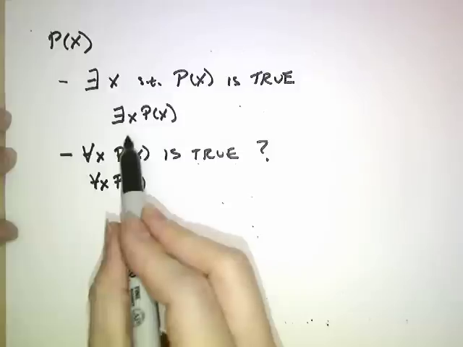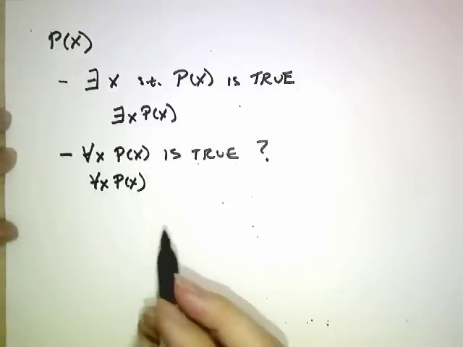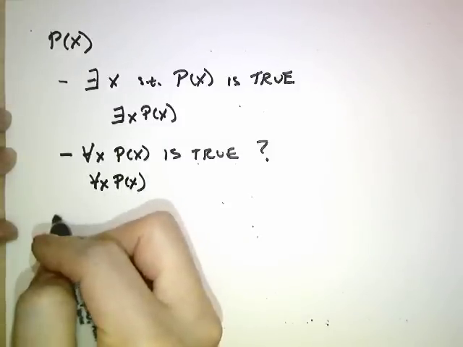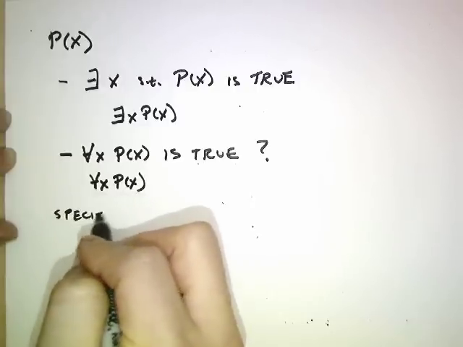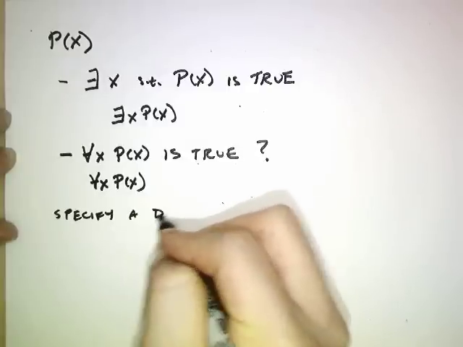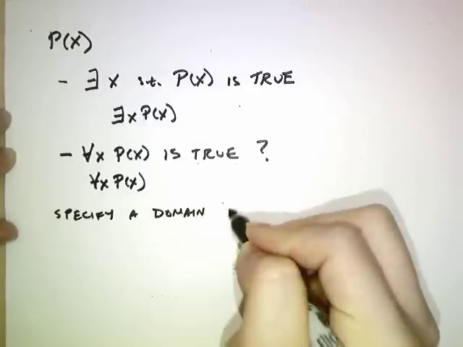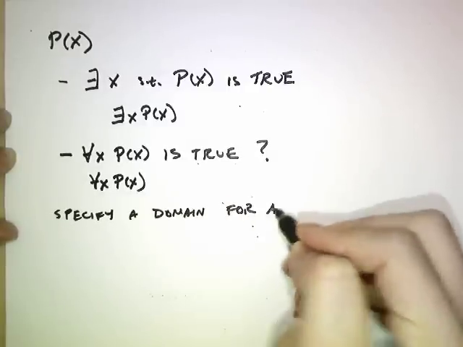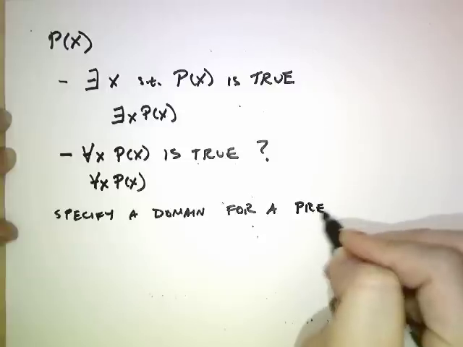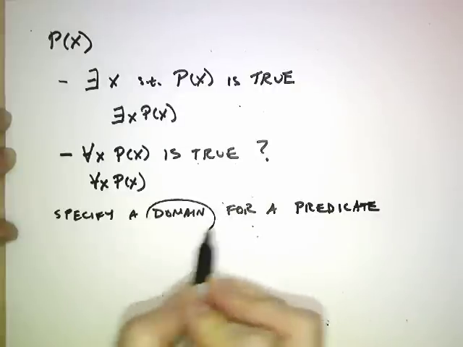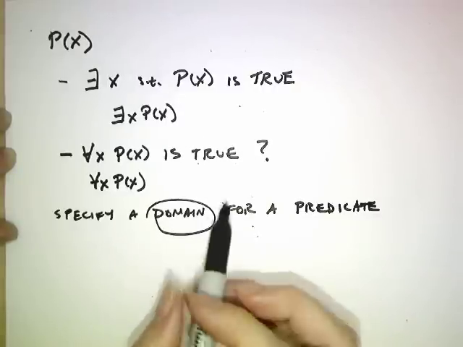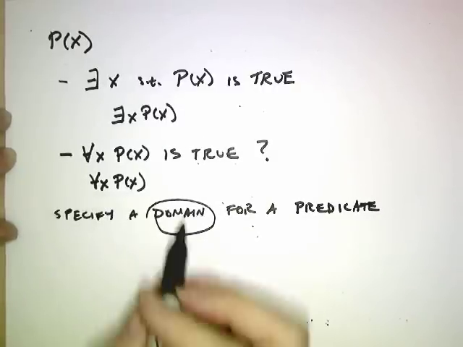Now the key question here is, where is x coming from? And so oftentimes we'll specify a domain for a predicate. And the domain, well, this is the set where x might come from.